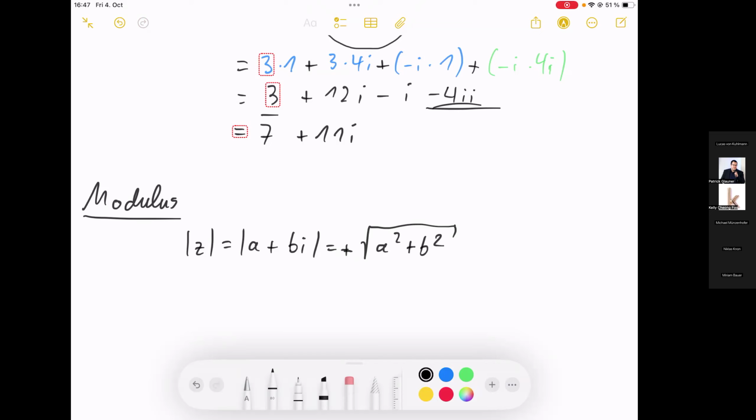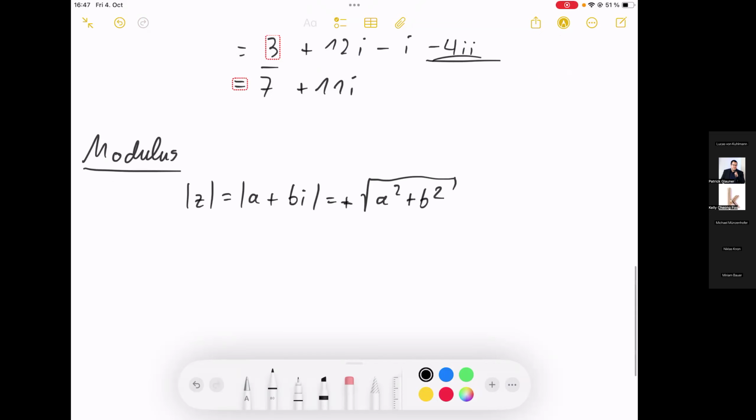So we can try this out for an example. We can say, for example, z is, well, we call it c for now, maybe. c is 1 minus i. And I want to know from you, what's the modulus of c? If you have any suggestions, please send this to the chat.